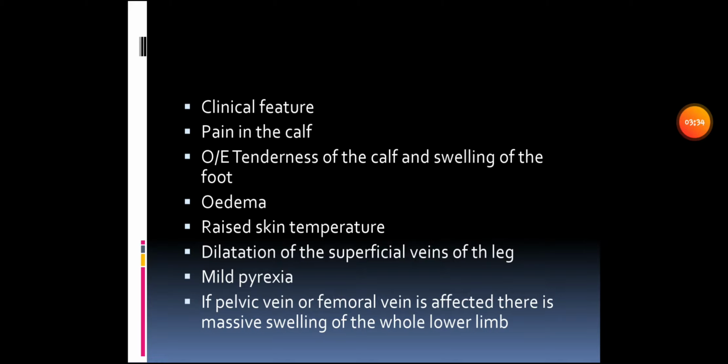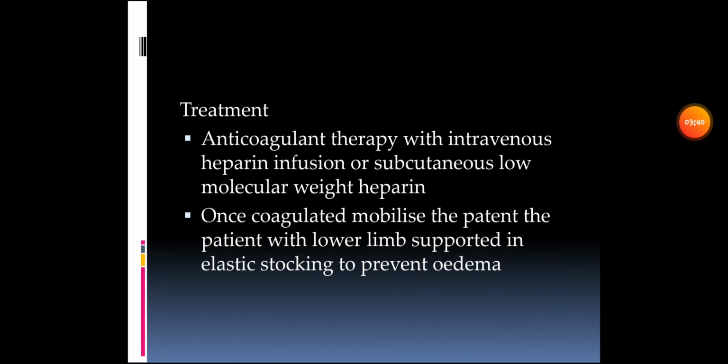If the pelvic vein or femoral vein is affected, there is massive swelling of the whole lower limb. The treatment is anticoagulant therapy with IV heparin infusion or subcutaneous low molecular weight heparin. Once anticoagulated, mobilize the patient with lower limbs supported in elastic stockings to prevent edema.